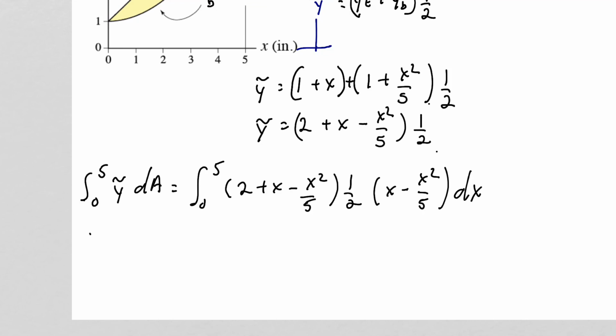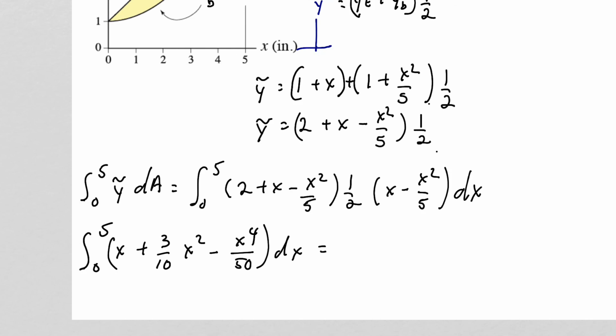So we can simplify this to the integral from 0 to 5. And if we do the basic algebra in there, we get x plus 3/10 x squared minus x to the 4th over 50 dx. We integrate this, and we get x squared over 2 plus 1/10 x cubed minus x to the 5th over 250, evaluated between 0 and 5.